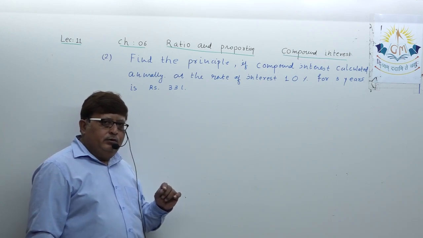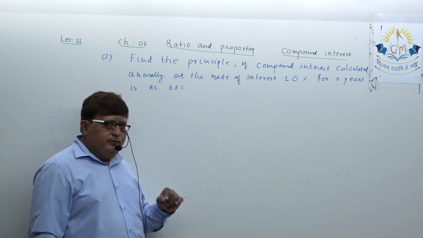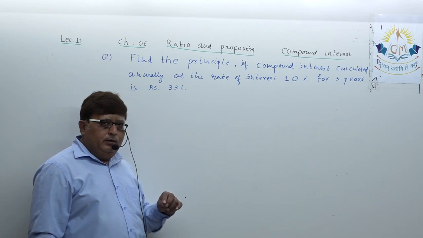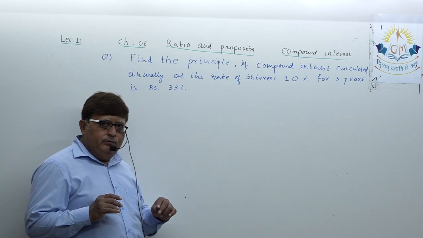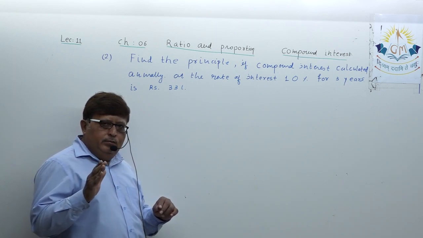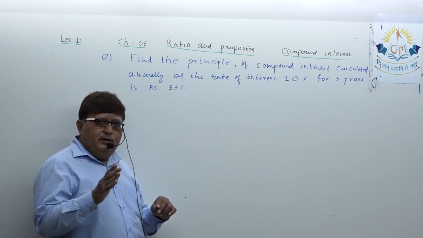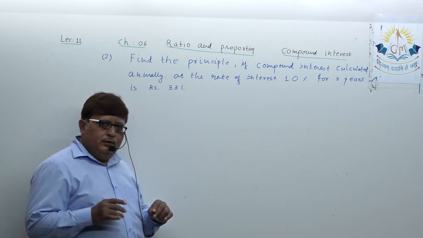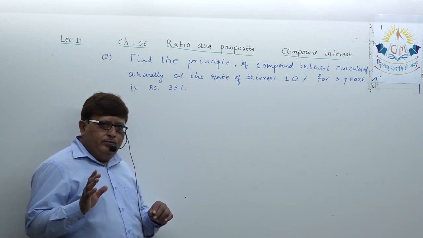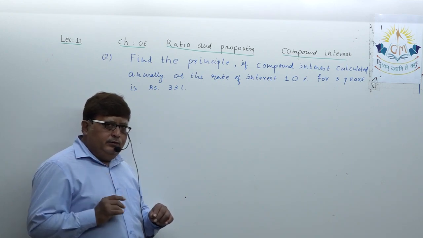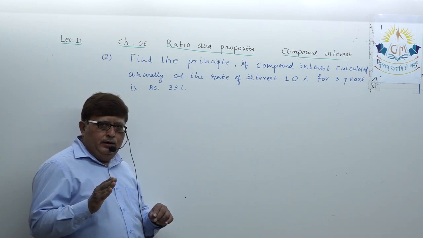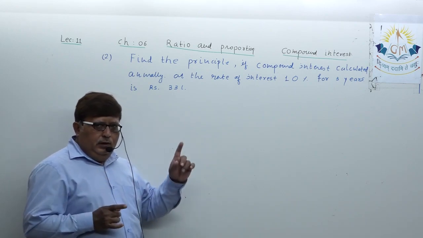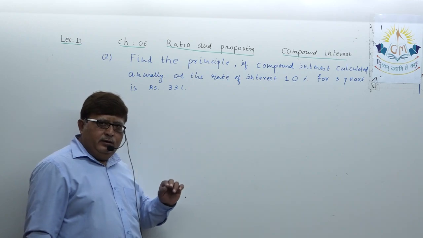But as you all know, dear student, in the formula of amount, there are four unknowns: A, P, R, N. If you want to find P, you need to have the knowledge of A, R, N. Here, R and N are given.